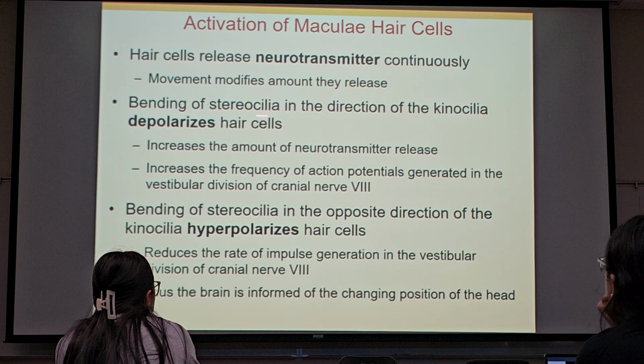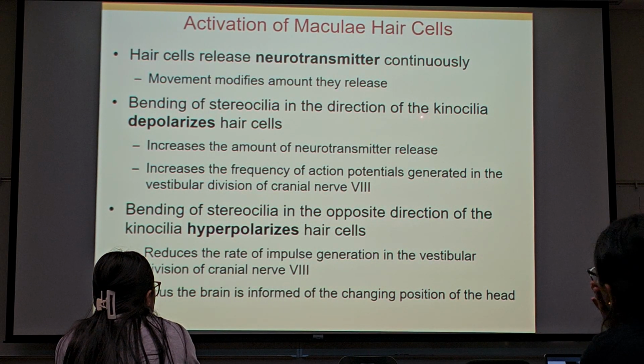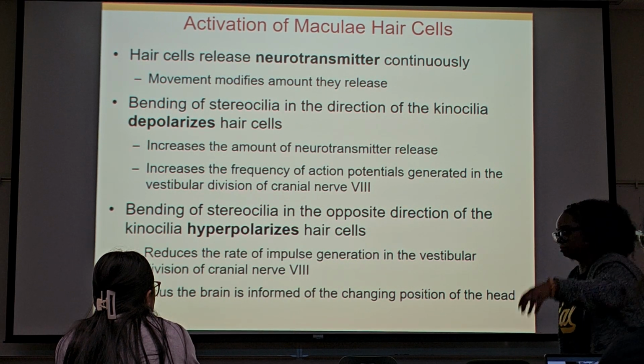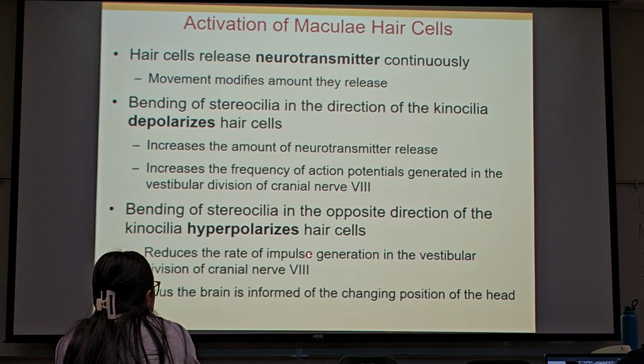If we bend the stereocilia, depending on which direction they bend, towards the kinocilium that's there, or in the opposite direction of the kinocilium, different things will happen. We'll depolarize. That just means we're increasing the amount of neurotransmitter we're secreting. Or we'll hyperpolarize.